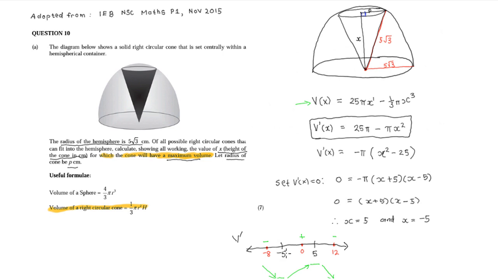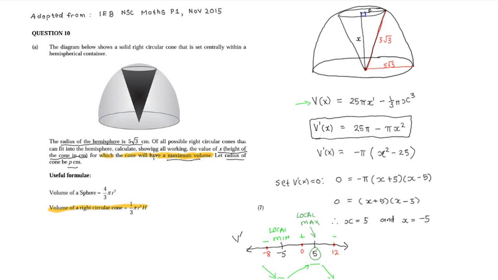So we see that at negative 5 we have a local min, and at positive 5 we have a local max, which is what we are after.